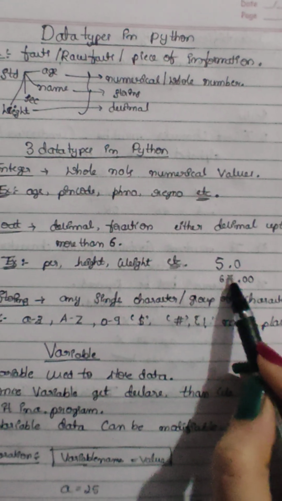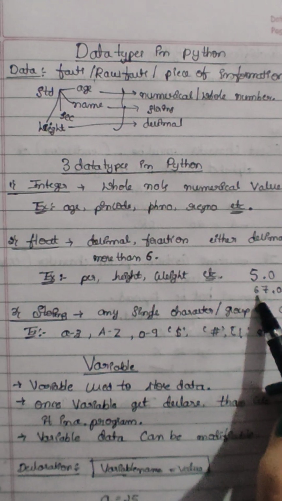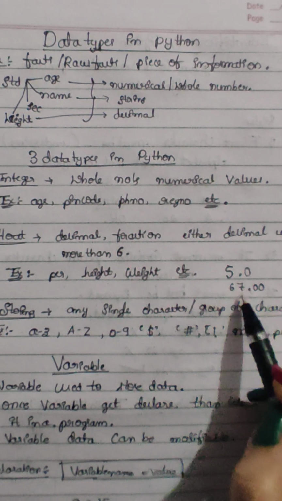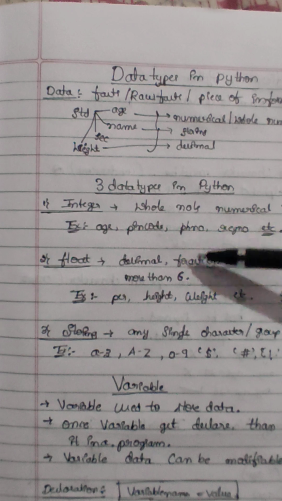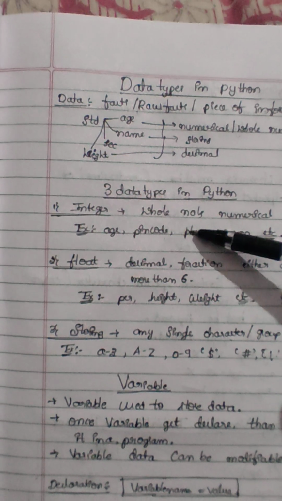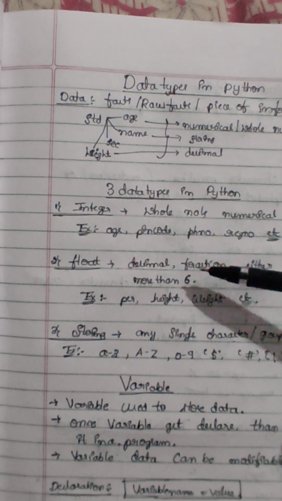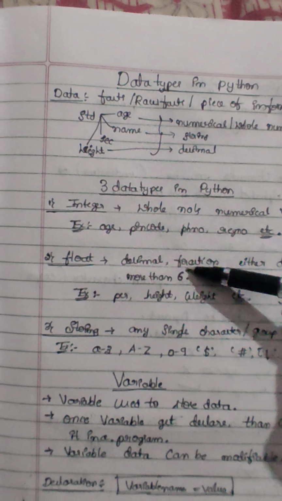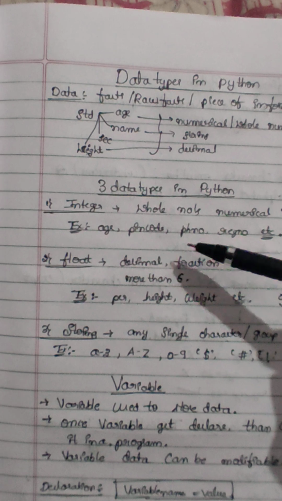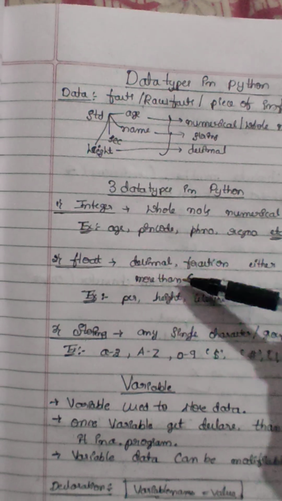If I give 5, it contains 5.0. If I give only 67, it contains 67.00. Guys, you have to remember this noted point: integer cannot contain floating point data, but float can contain integer type of data. So I hope you understood integer and float.